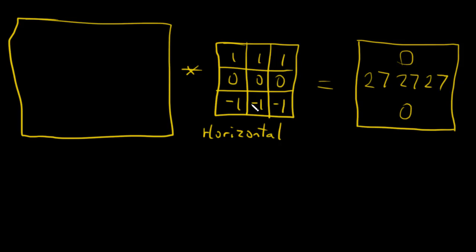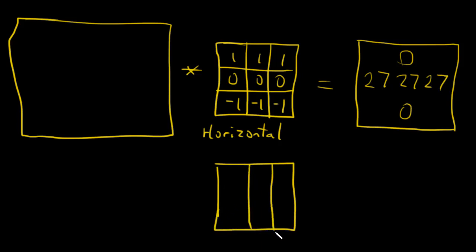If I wanted to do some sort of diagonal filter, well, I would change this to be something like, let's see, there we go, maybe 3, 1, 1, 0, 0, 0, negative 1, negative 1, negative 3.